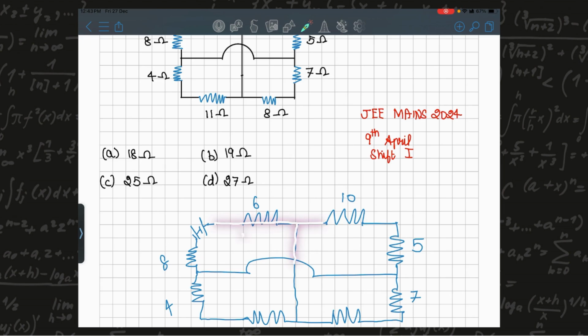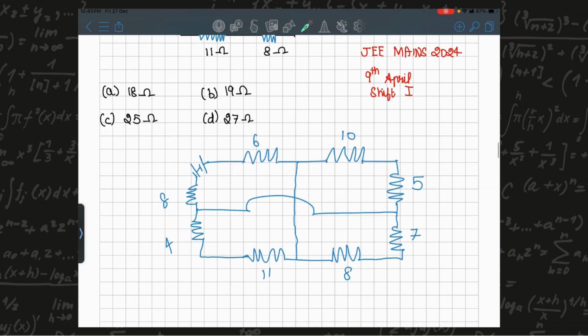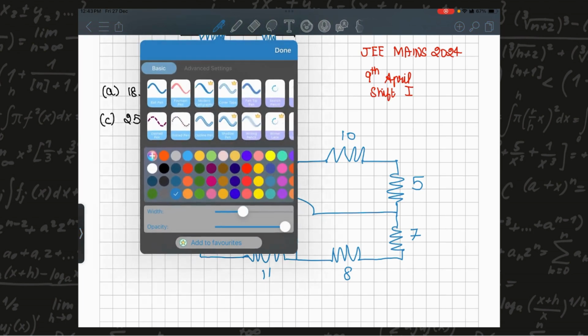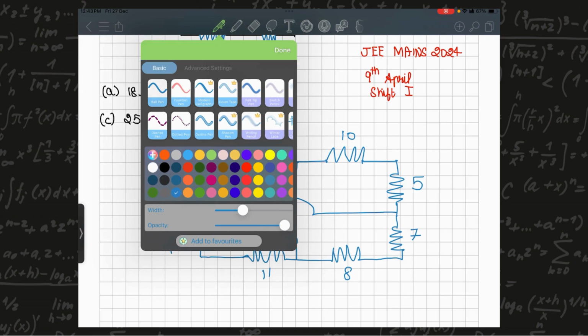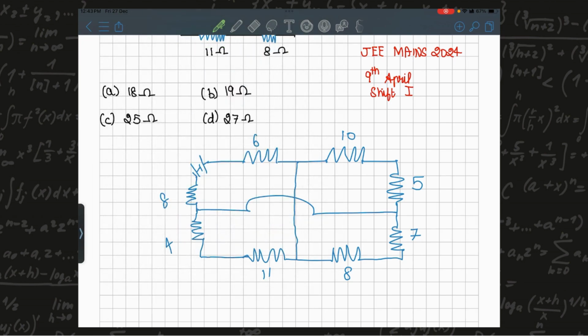Let's say this one is I current and these are I1 and I2. Remember this one. Better I'll write this in a different color, green. I current flows through the 6 ohm resistor, gets divided into I1 and I2.